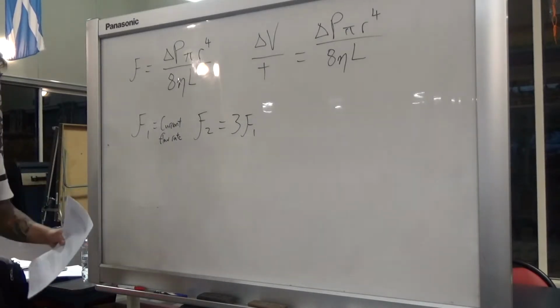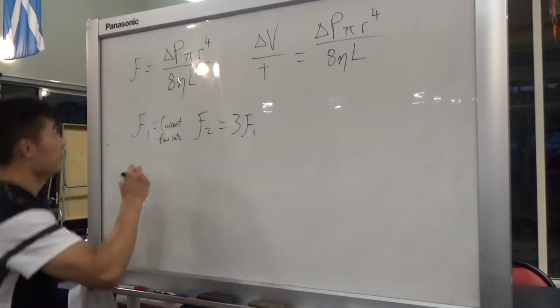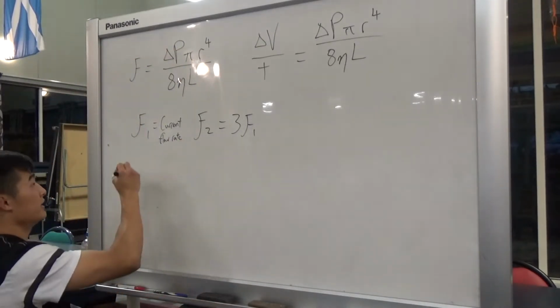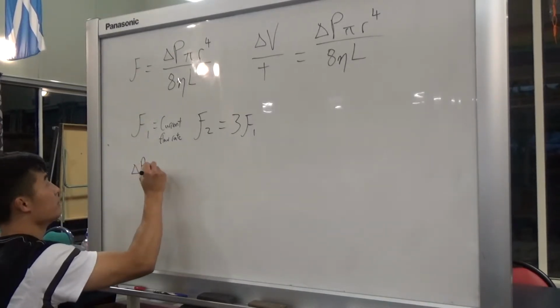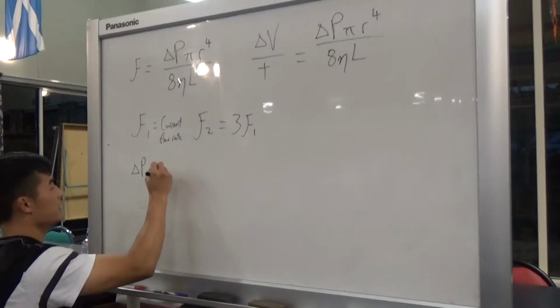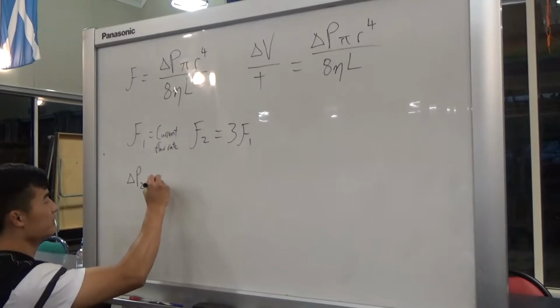So what you're then going to do is, since flow rate is equal to this equation here, you're now going to replace flow rate 2 with this equation. So delta P2 times pi, and pi is just a constant, so it's not 1 or 2.